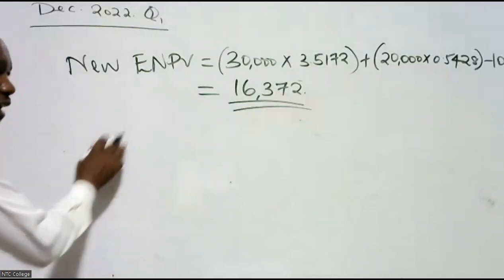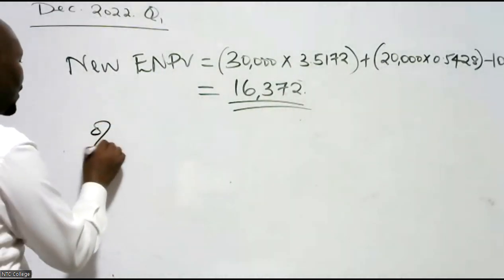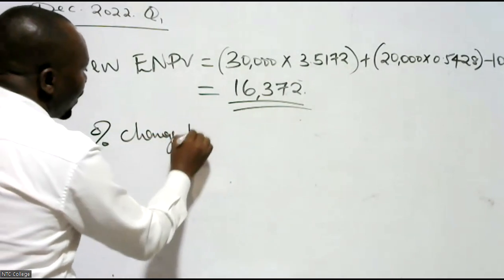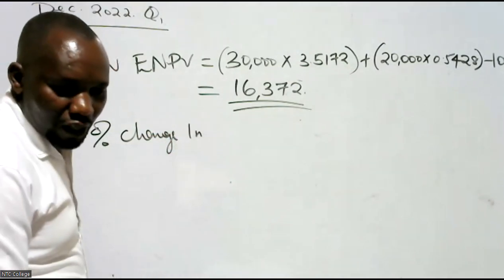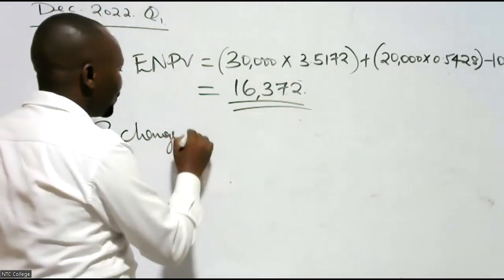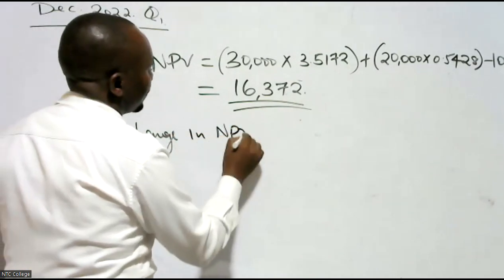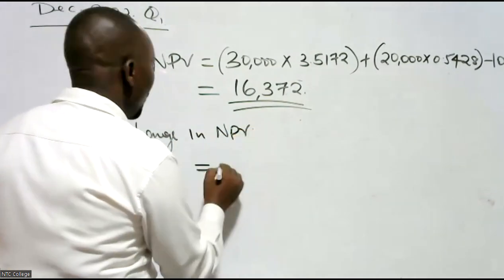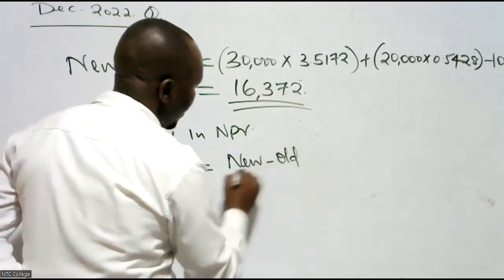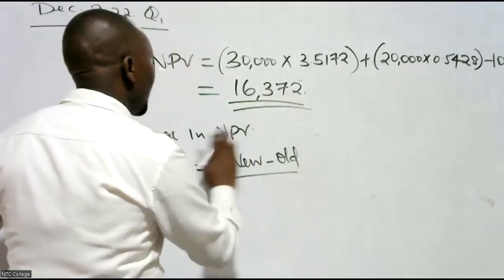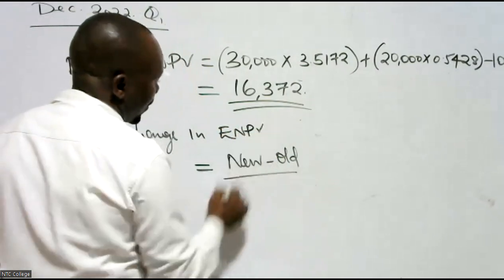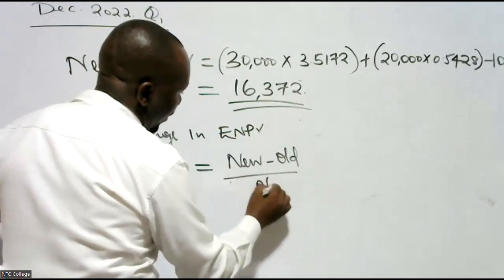You don't say adverse, you just say percentage change in NPV, because already we know it is positive, is equal to new ENPV minus old ENPV, all over old.